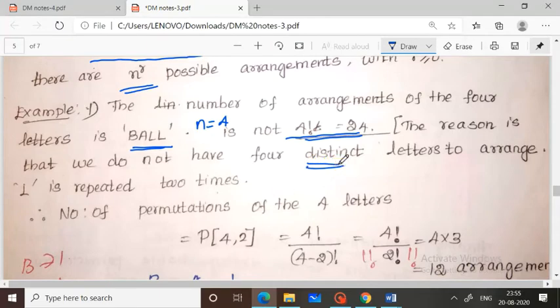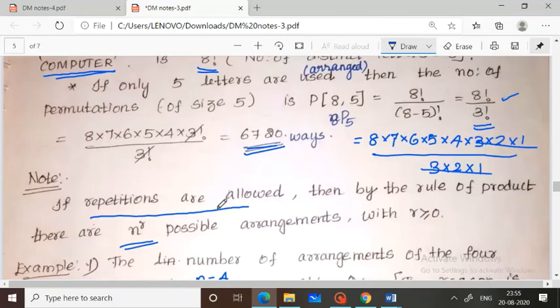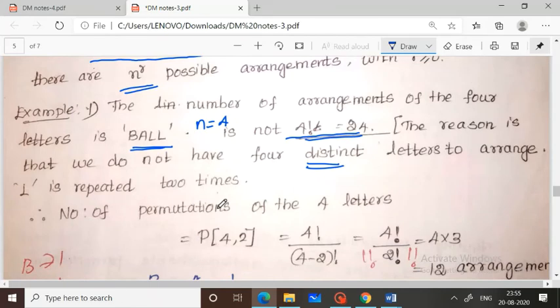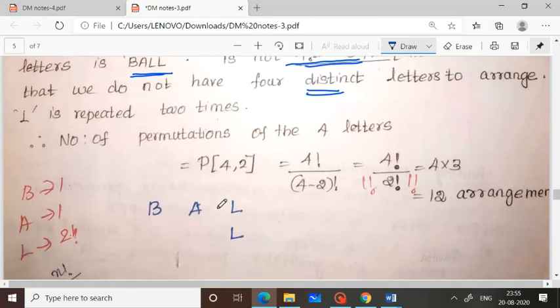In the previous problem, all 8 letters of computer are distinct, so you can say directly the answer is 8 factorial. But here it is not possible because in BALL a letter is repeating. You have the word BALL. B is repeated only one time.